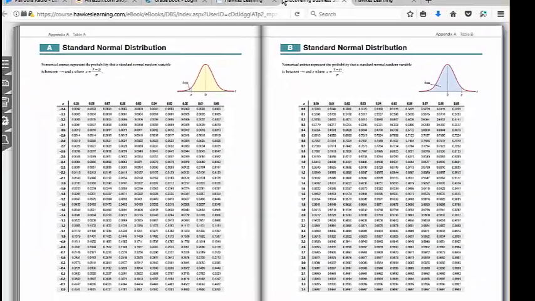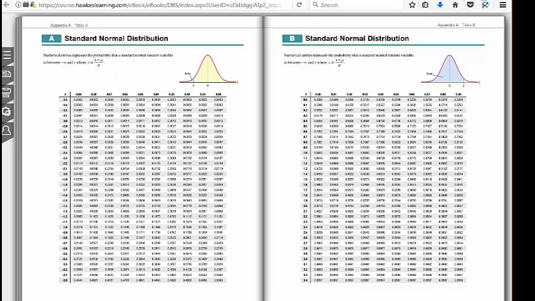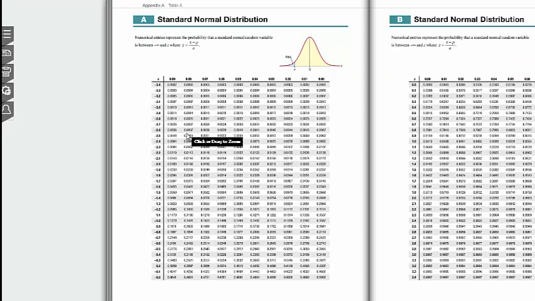Okay, let me bring that back over here. That's really hard to see, but we're going to play with it a little bit. There are two ways to do this. We can look for 0.05 inside the table. It's about here somewhere. If I follow this 0.05 out to the left, I get 1.64.